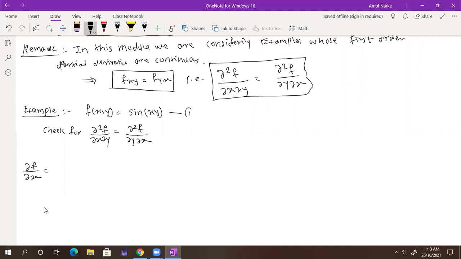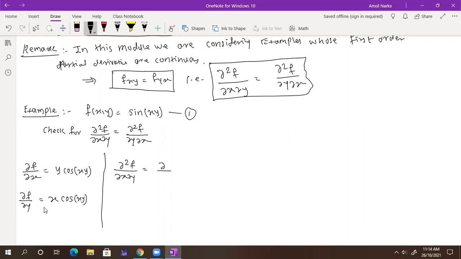It is y cos xy. What is ∂f/∂y? x cos xy, that we have calculated already. Now our next target is to find ∂²f/∂x∂y.